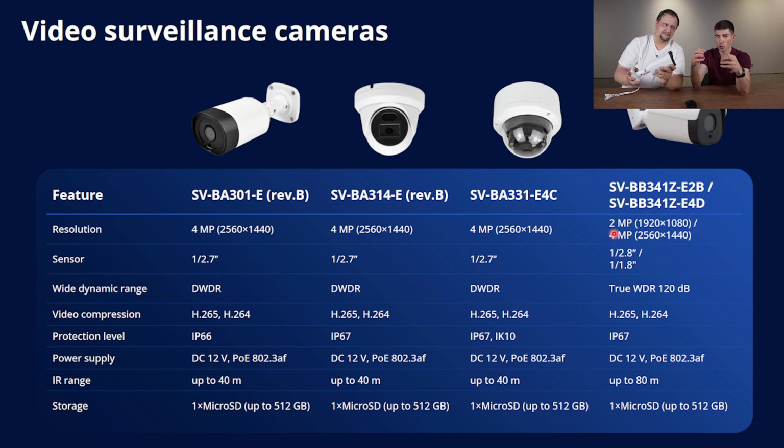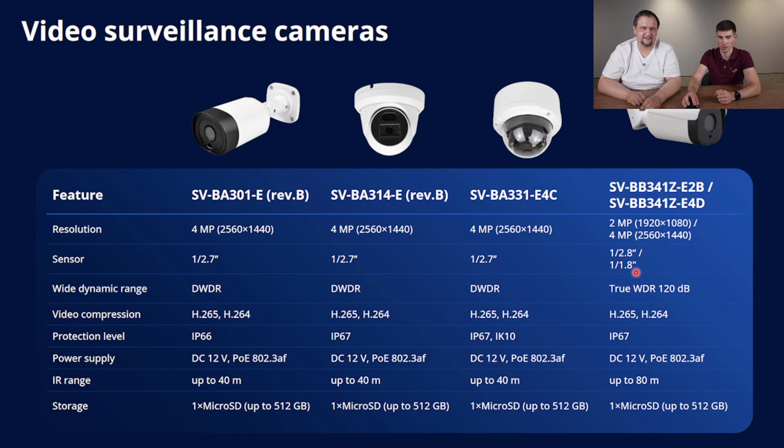So the camera can change its focal distance from, I believe, 2.7 all the way to 13.5, making the viewing angle significantly different, and it makes it possible to zoom in and out without the loss of quality. This camera comes in two variants, with 2 and 4 megapixel, and the 4 megapixel camera has also a much bigger image sensor.